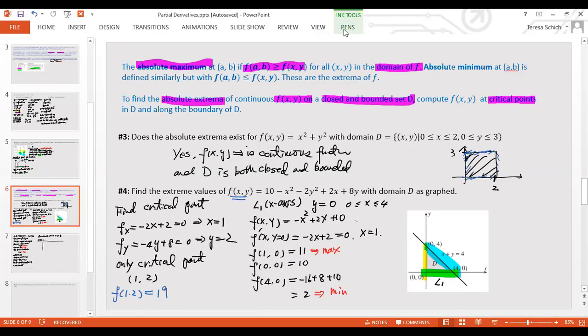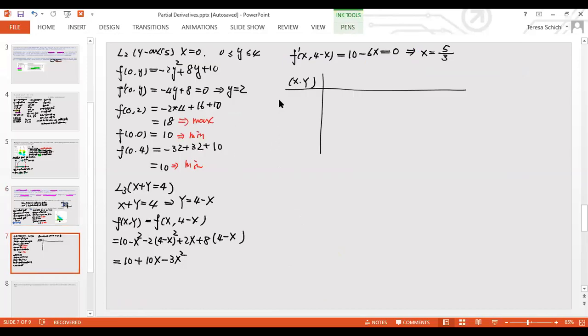Okay, so now let's try to find it. On line 1, I have 1, 0 and 4, 0. Now on line 2 here, I have 0, 2 and 0, 4. Then we have here, this is the max on line 1. And what is the max value here?